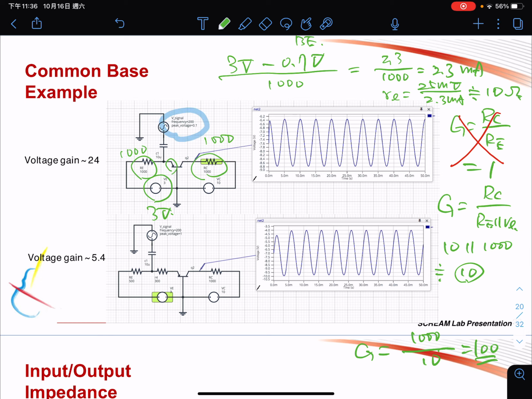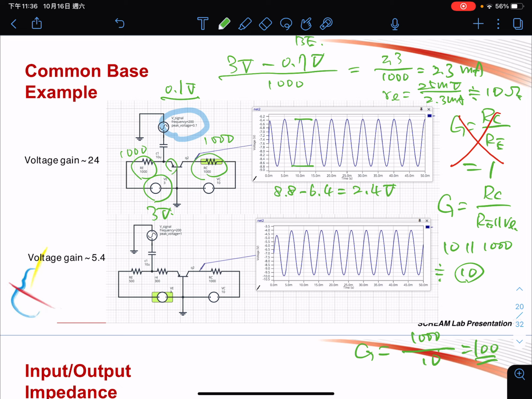the input is 0.1 volt, and the output is from here to here, so you can see it's around 8.8 minus 6.4, which will be around 2.4 volts.